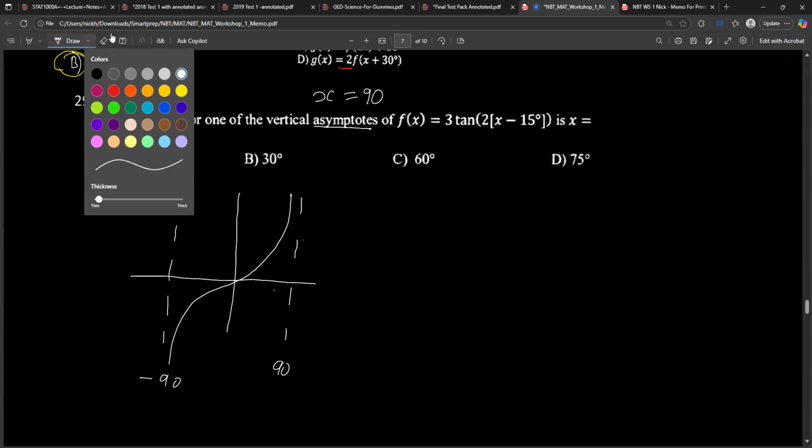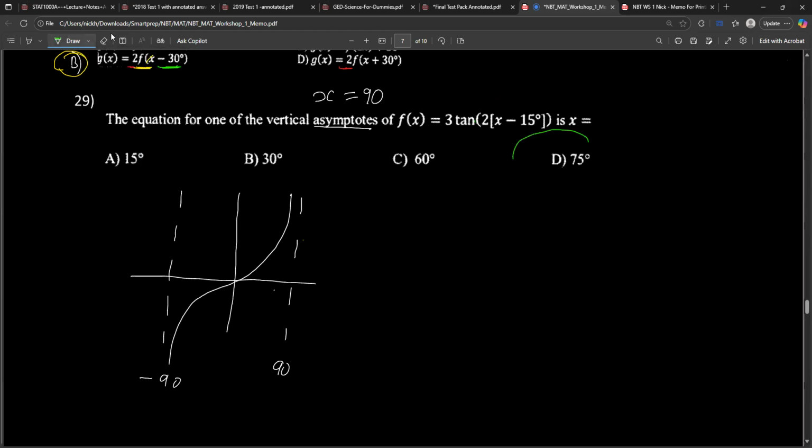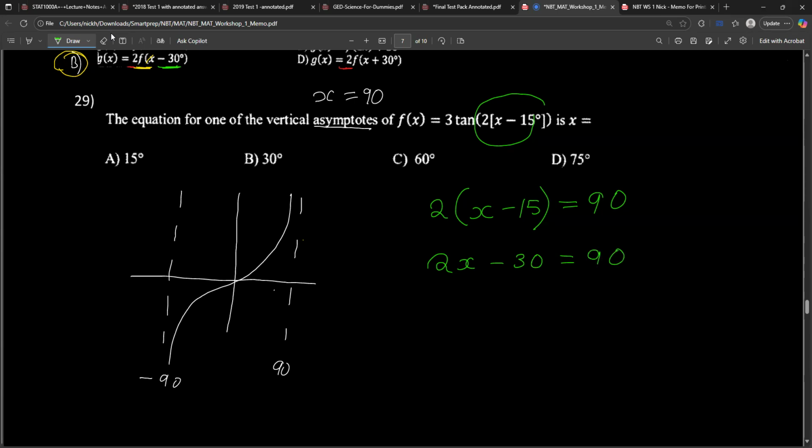So 2x minus 30 equals 90. In the other video on the main channel, I divided both sides by 2 first, but you still get the same answer.